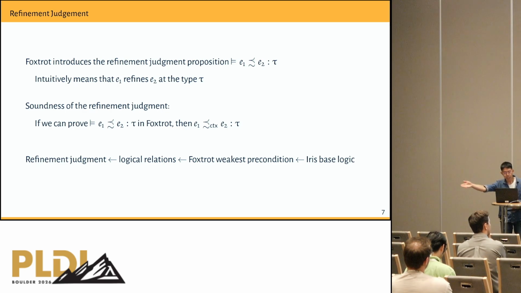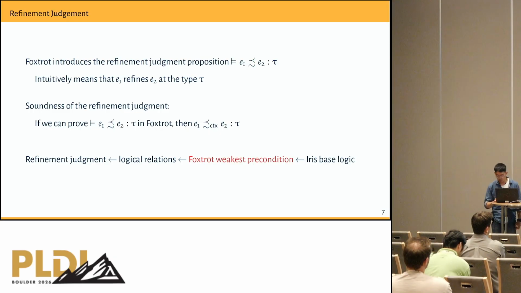Now, this chain to derive the refinement judgment is not novel. It is quite standard, and it's used in previous logics like ReLoC, Clutch, or Proxies. But what I emphasize is novel is how we define the model of Foxtrot. And because we have both concurrency and probability in our language, this model is different from previous logics, which I'll explain a bit later.